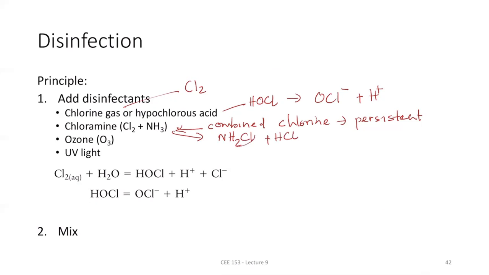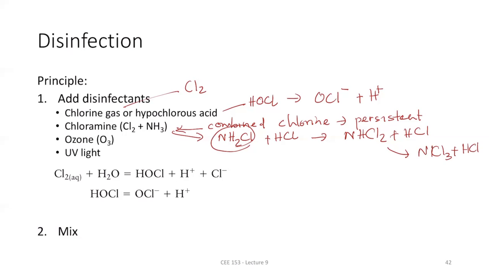That's the disinfectant. If you add another chlorine, it becomes NHCl2 plus HCl, and then again you release one more HCl to get NCl3. The nitrogen bonded with chlorine makes it stable, so that's why I call it combined chlorine.